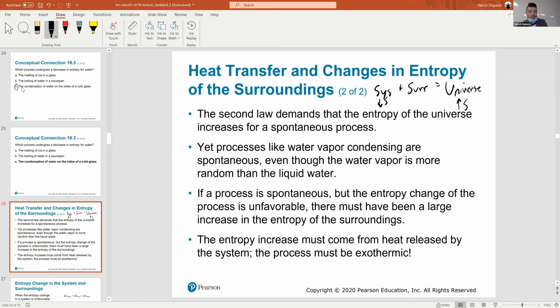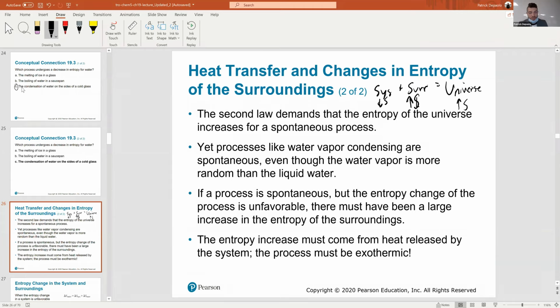In this equation, what is the only possibility to make this work? Good, S of the surroundings goes up, exactly. The surroundings' entropy has to go up a lot. So that makes perfect sense. And what does that mean?